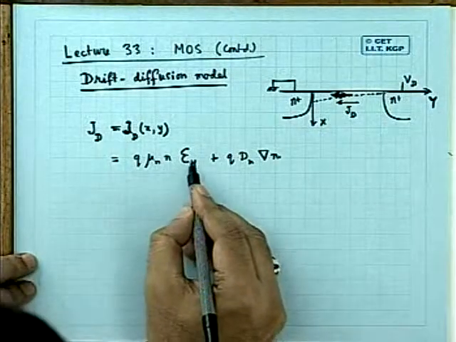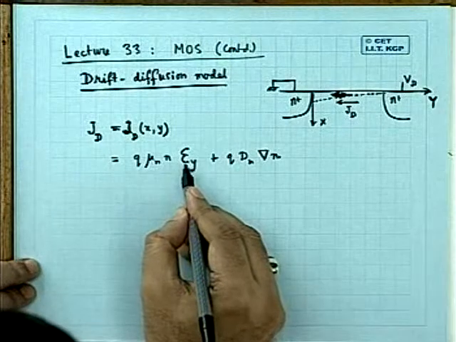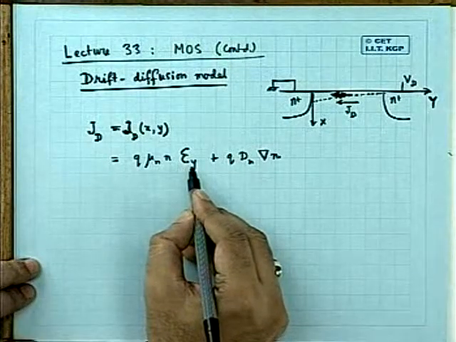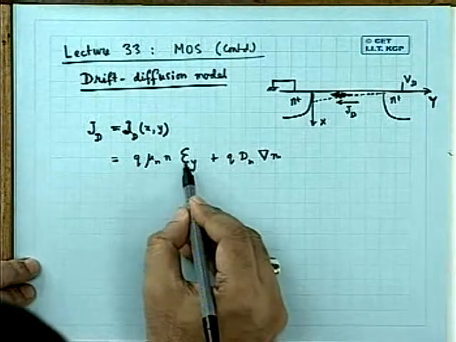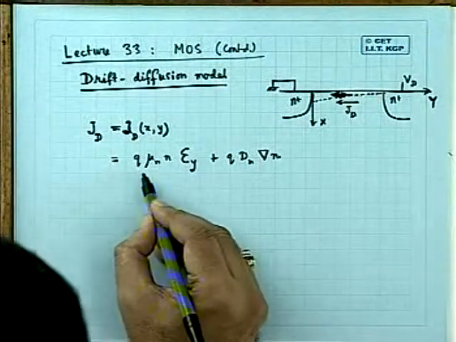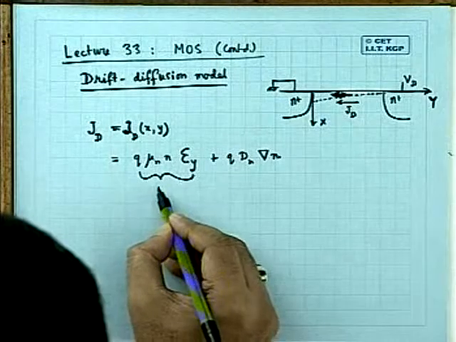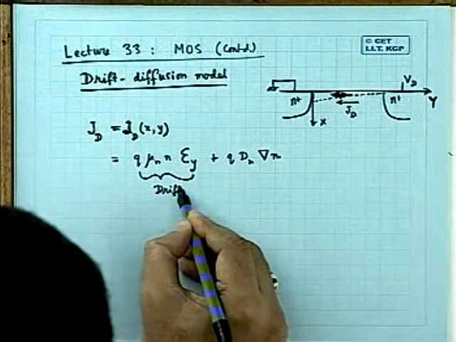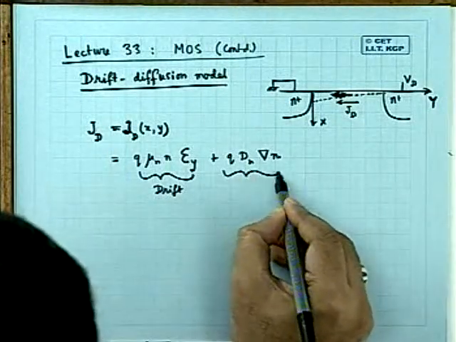Here also I could write the gradient of, not necessarily I have to write as del Ui. It is the electric field along the Y direction. This is the drift term, and this is the diffusion term.